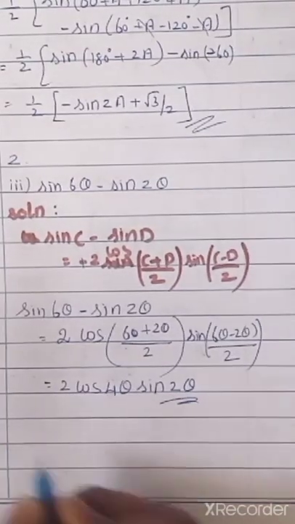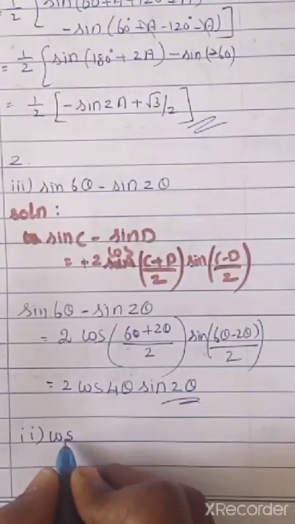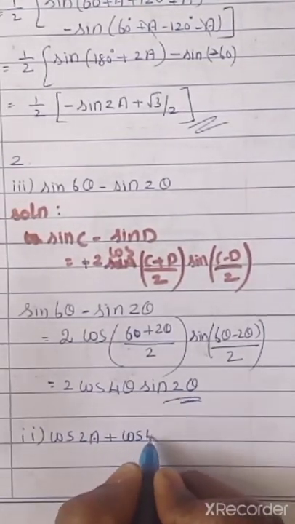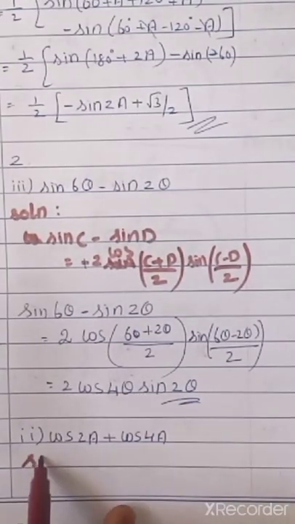One more problem I'll do. Second subdivision: cos 2A plus cos 4A. Now, which formula can we use here?